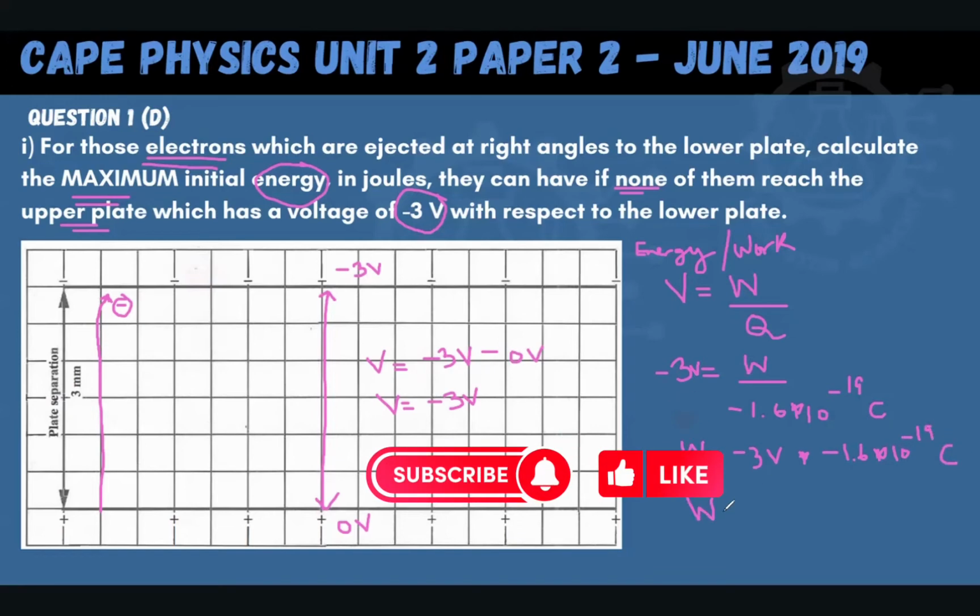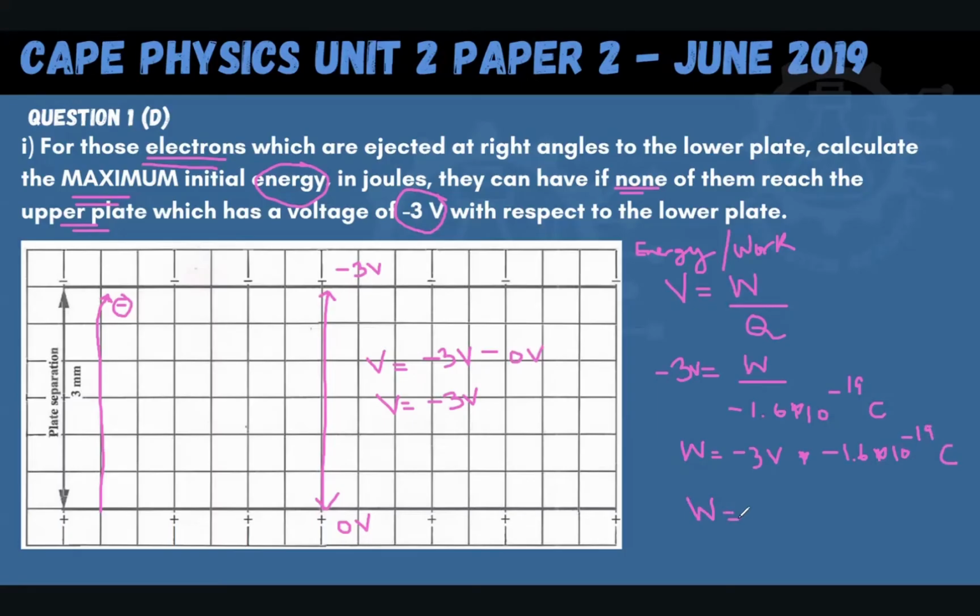And so W is then going to be equal to 4.8 times 10 to the minus 19 joules. Okay, so that is our maximum initial energy in joules that they can have if none of them are going to get to the top, just before they get to the top, right?